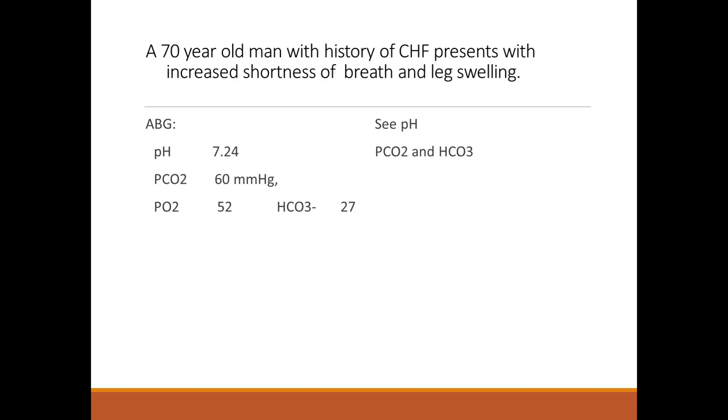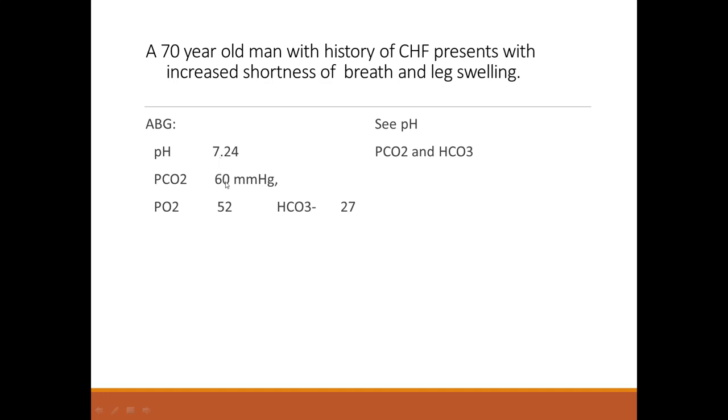So we discuss another scenario, then we will stop over there. A 70-year-old man, history of congestive heart failure, and increased shortness of breath with leg swelling. The blood gases: pH 7.24, PCO2 60. Here you can see the acidic pH with the PCO2 more than 40. So we are dealing with predominantly respiratory acidosis in such cases.